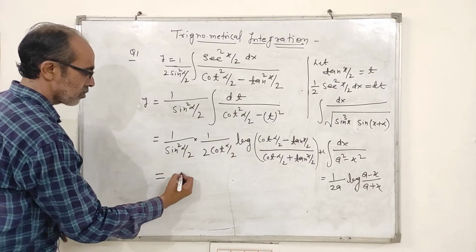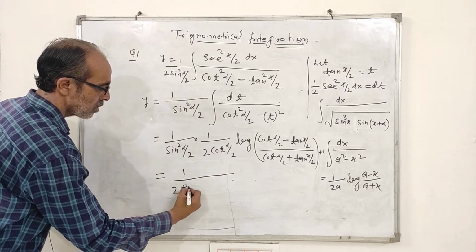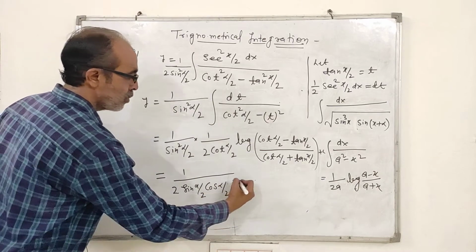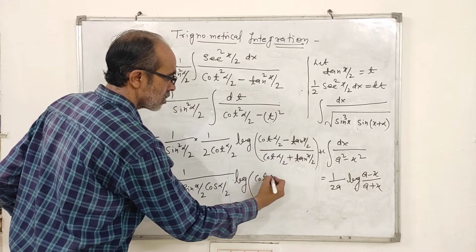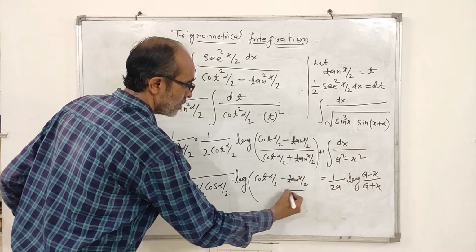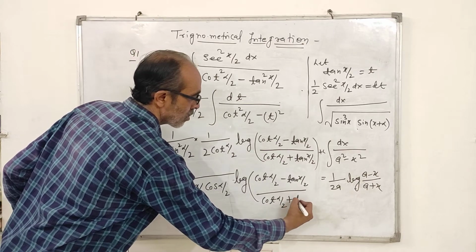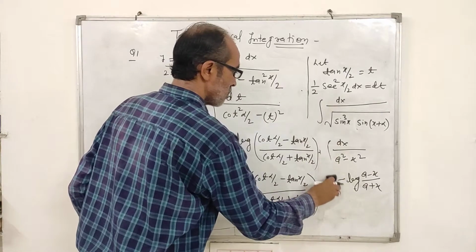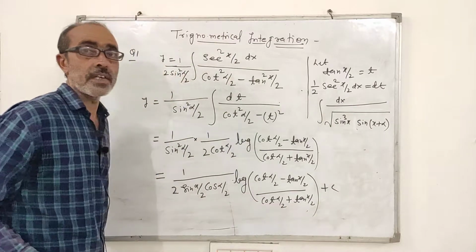So 1 upon 2 sin alpha by 2 multiplied by cos alpha by 2 and log of cot alpha by 2 minus tan x by 2, and the integral constant is c.